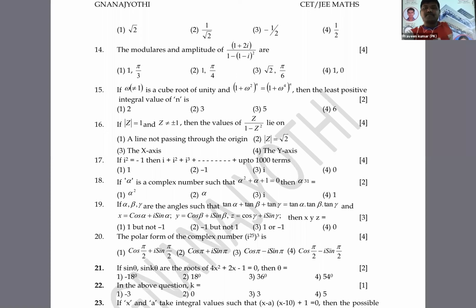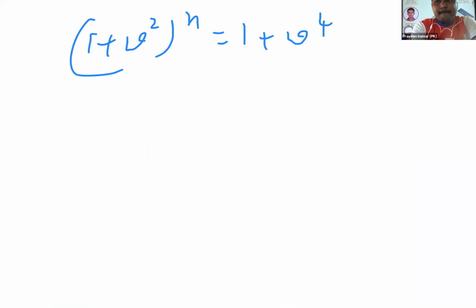What is our question? (1 plus omega square) whole power n equal to (1 plus omega power 4) whole power n. Then the least positive integral value of n. According to the formula, 1 plus omega square is 0.